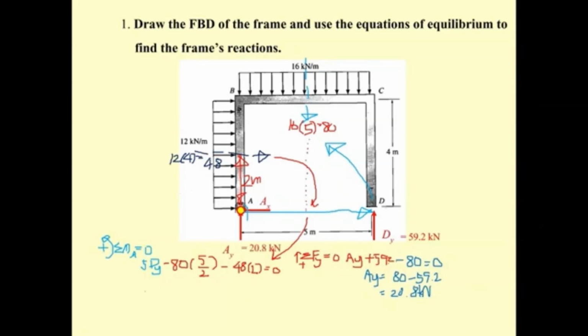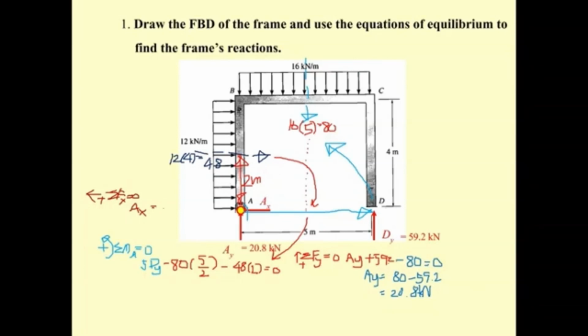And then the last one is here. We have the summation of F sub x equal to 0 to determine A sub x. So we put this direction as the positive. So our A sub x is positive, and then the uniformly distributed load on the segment AB is going to take the opposite direction.